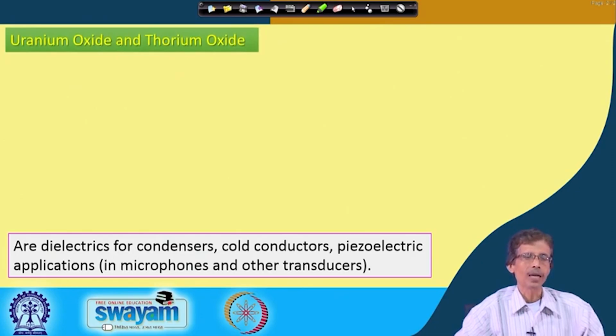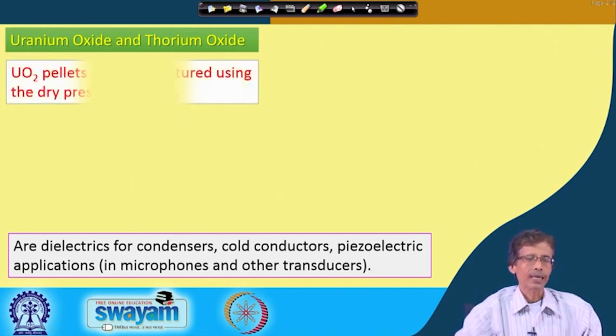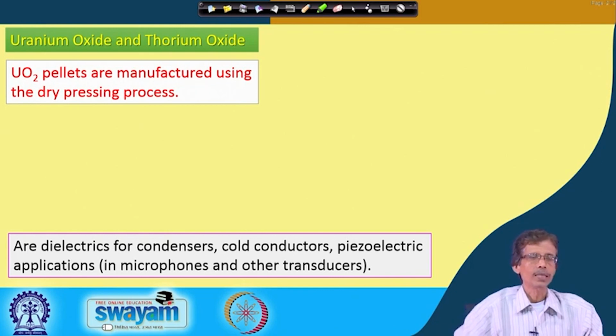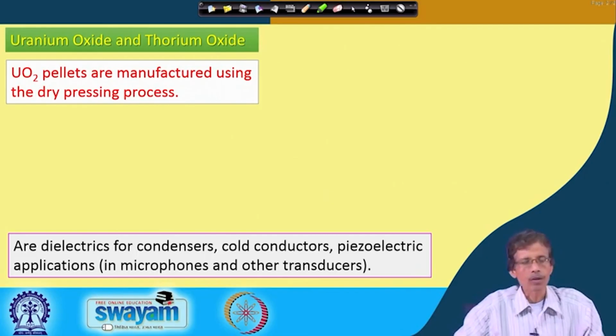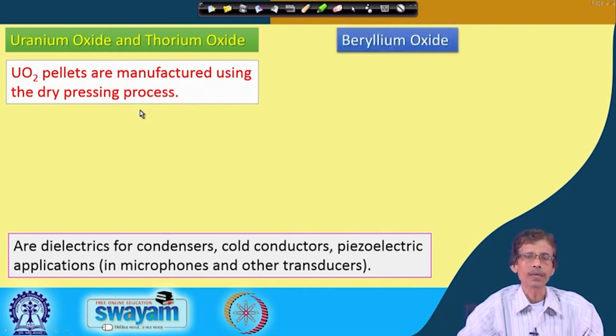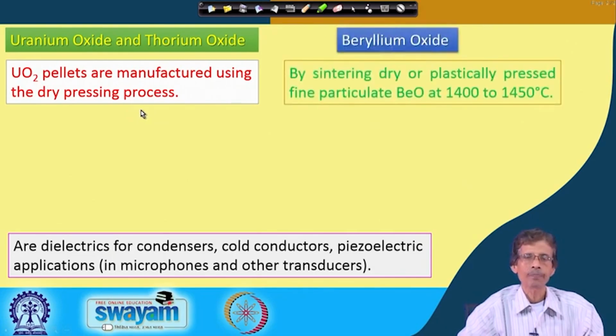Then we can have the uranium oxide or thorium oxide based specialty ceramic material. That basically gives us UO2 pellets, which are manufactured using the dry pressing process. In that particular process, the dry pressing process gives you another specialty variety of that uranium based or thorium based material.